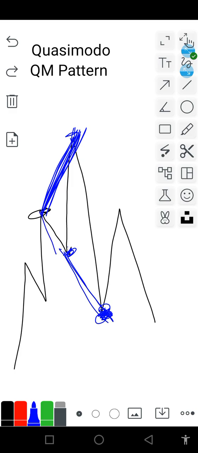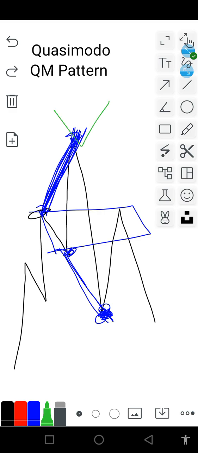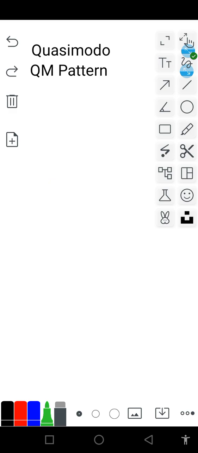So that's how you draw the pattern: higher high, higher high, higher low, lower low. So let me draw it again.